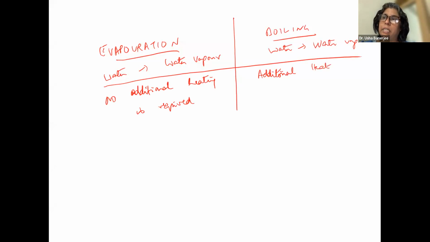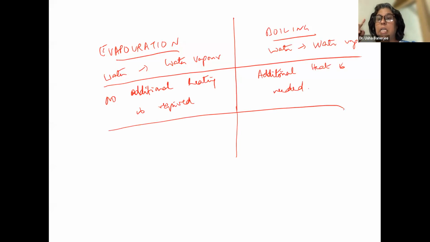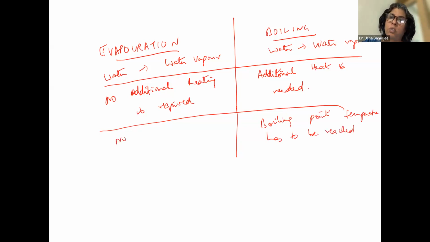additional heat is needed. If you keep a glass of water outside in the sun, it will never boil. Why? Because the boiling point temperature has to be reached. Here, no such temperature is needed. Understood?